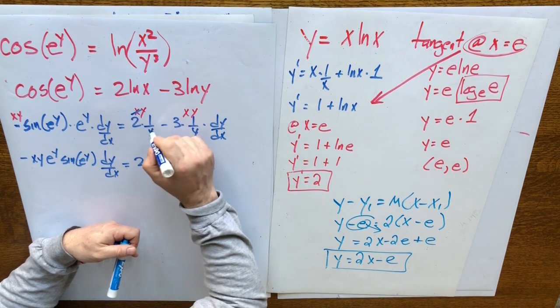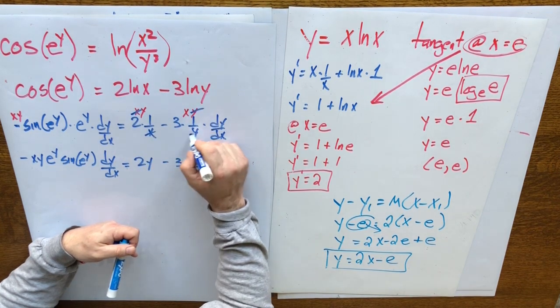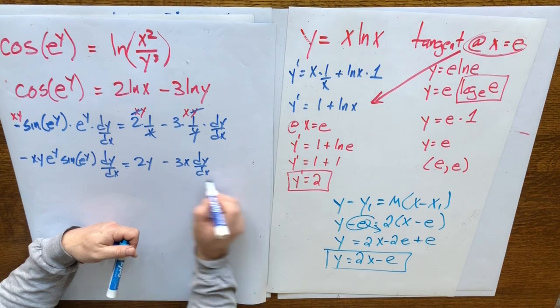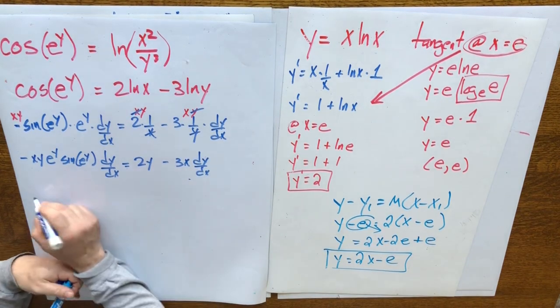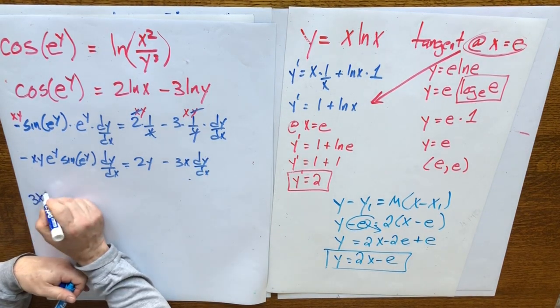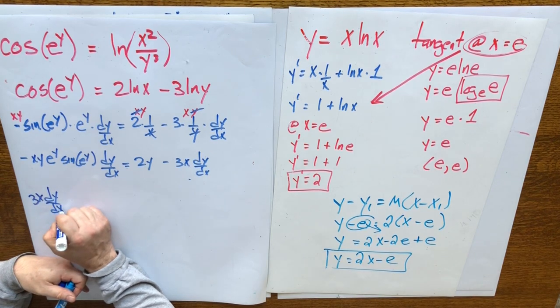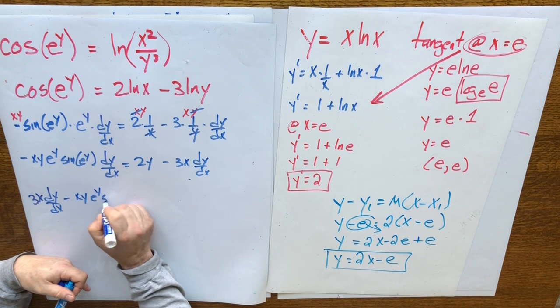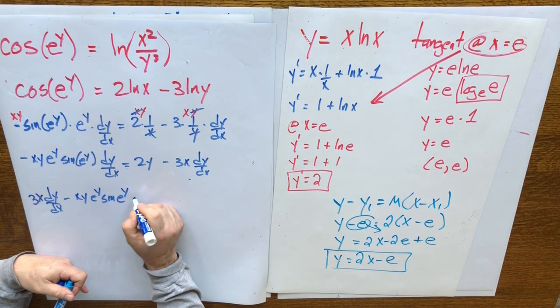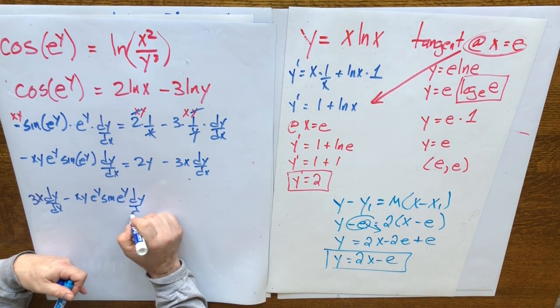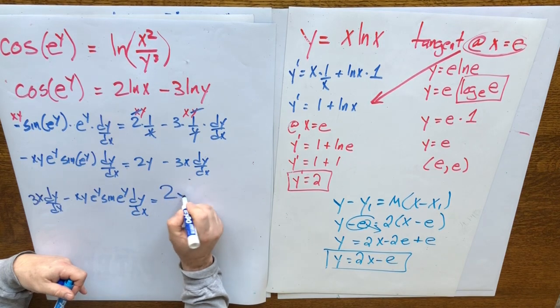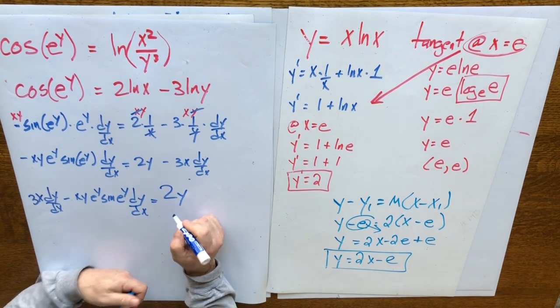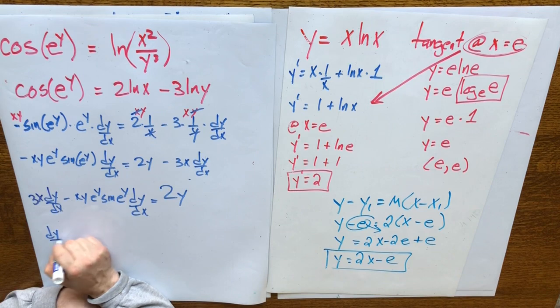So this x canceled with this x, this y canceled with this y. I'm going to transpose this term to the other side and get 3x dy over dx minus xy e to the y sine e to the y dy over dx equals 2y. And then we'll common factor out the dy over dx.